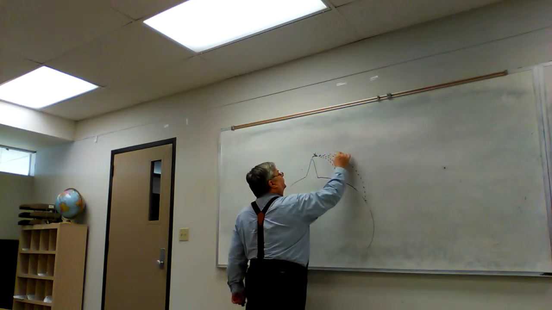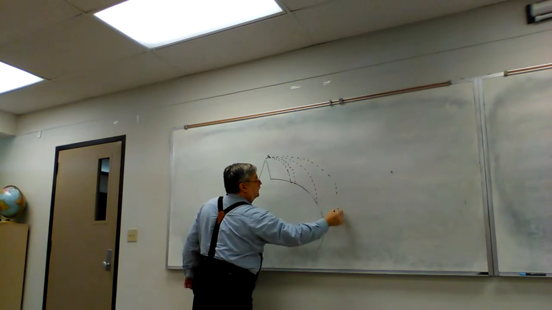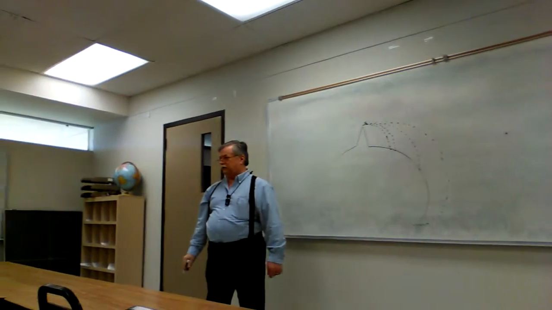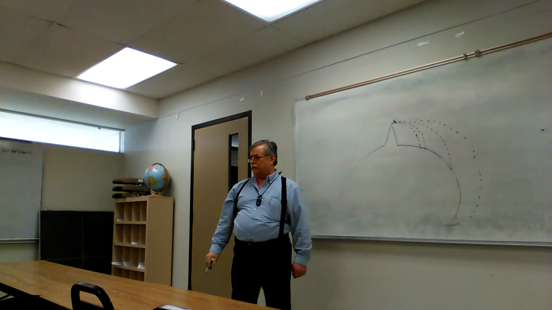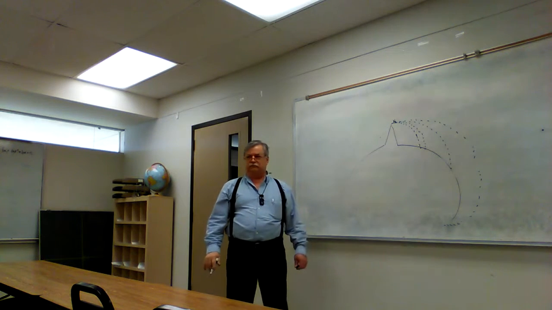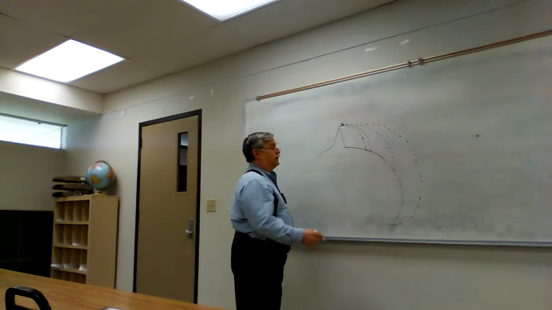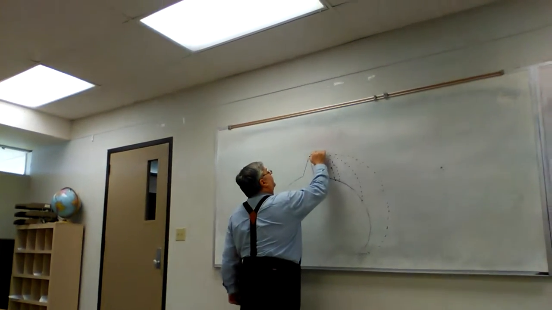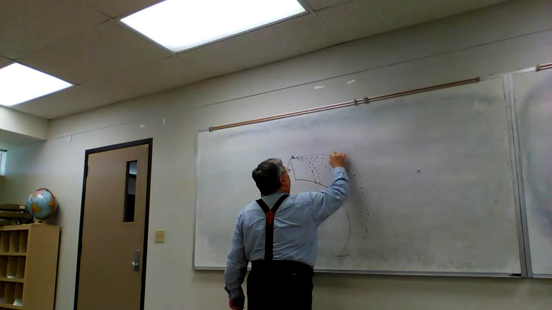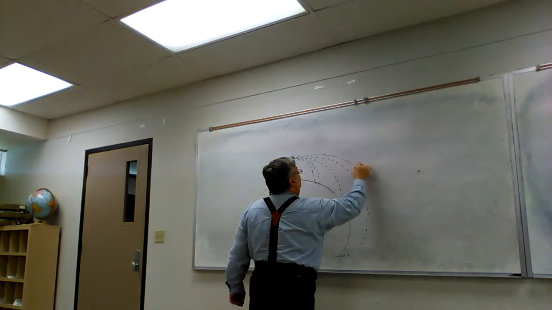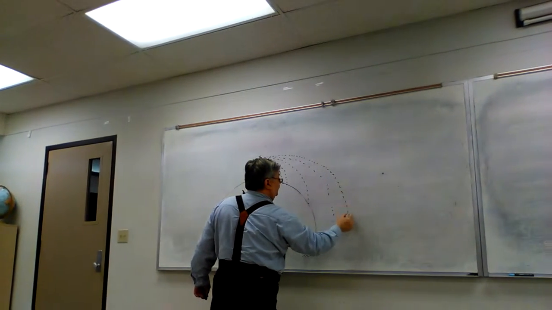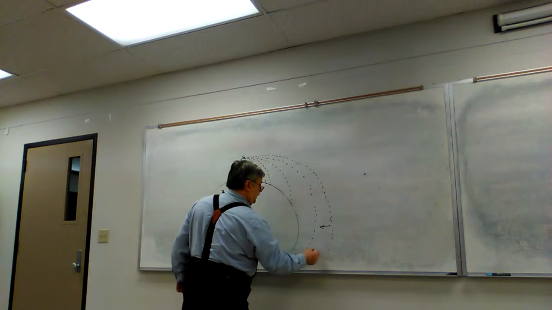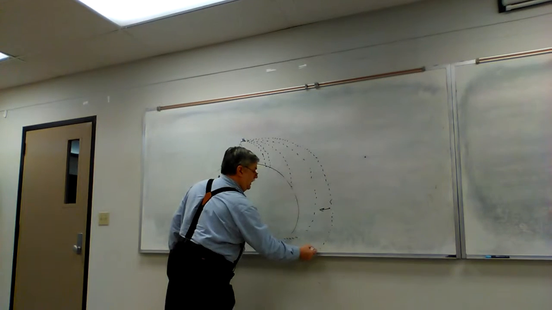If I throw it even faster than that, it could possibly reach all the way to the other side of the planet before it finally hits the ground, if I throw it fast enough. And he then went on in this mental experiment, this thought exercise, and he envisioned being able to throw it fast enough so that as fast as it fell, as it was accelerated in towards the earth, the curvature of the earth would also fall away.